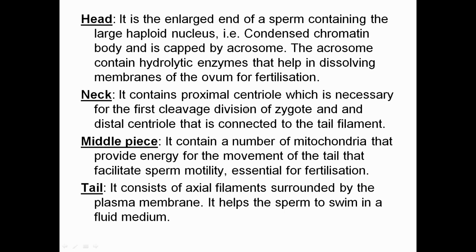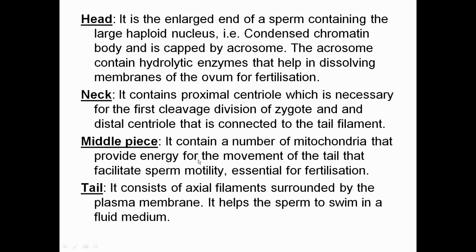The proximal centriole is necessary for the first cleavage division of the zygote. The zygote is going to divide with the help of the centriole, and this centriole is provided by the sperm, that is the proximal centriole. However, the distal centriole is connected with the tail filament only, so it doesn't play any vital role in the division of the zygote, but the proximal centriole is going to play a vital role.